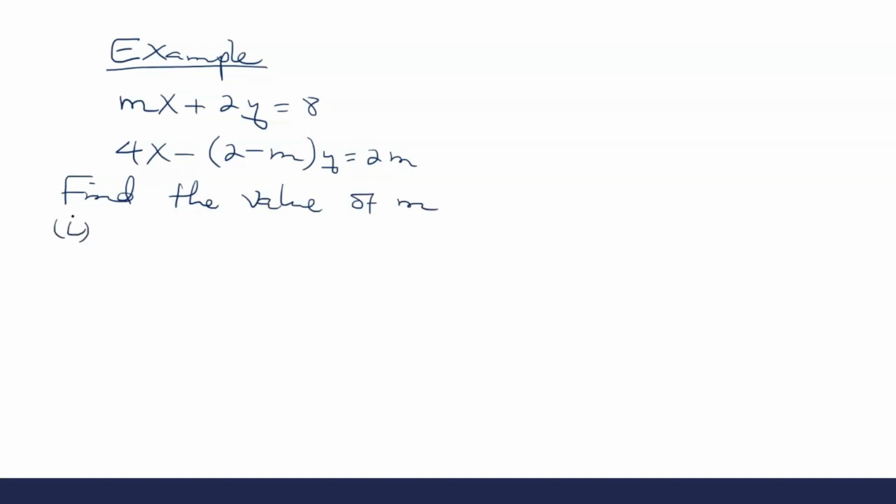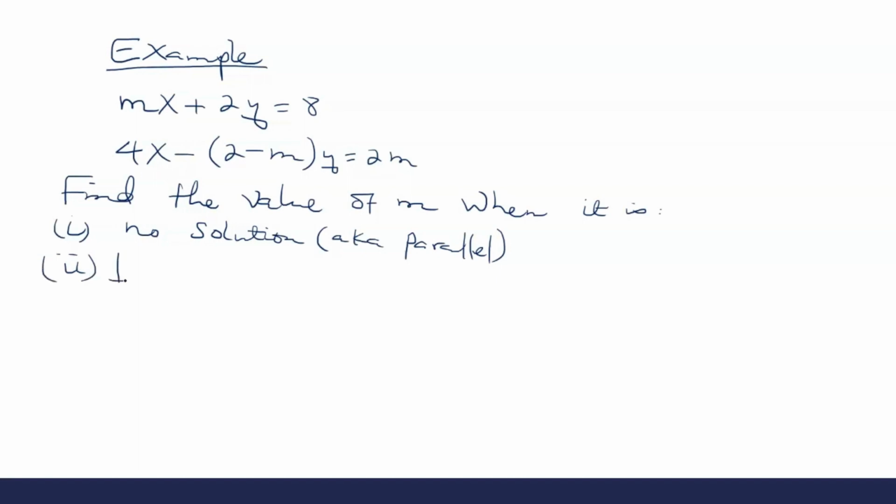The next thing is to find the value of m when there is no solution. No solution is also known as parallel, so the two lines won't touch, so m1 equals m2. And then, the value of m for infinitely many solutions.